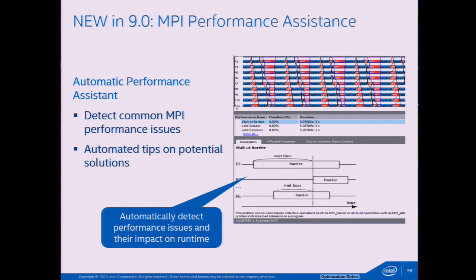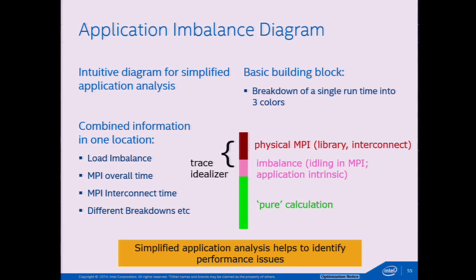There's also something new in the previous version, called the MPI Performance Assistant. If you look at just the imbalance diagram, it will tell you overall how much time you could potentially save by making particular changes.